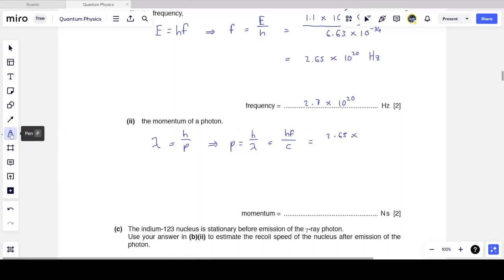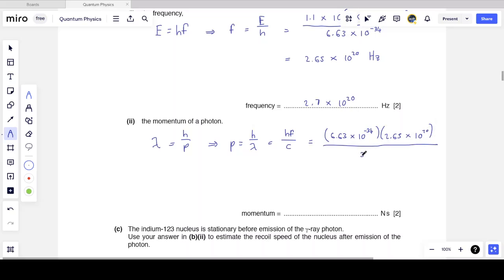Actually, let's put Planck's constant first to stick with the convention, the order rather. So 6.63 times 10 to the minus 34 joule seconds times the frequency 2.65 times 10 to the power 20 divided by c, which is 3 times 10 to the power 8 meters per second.